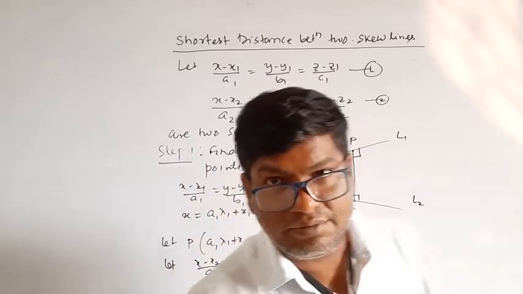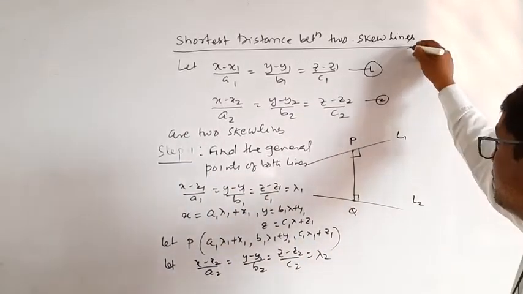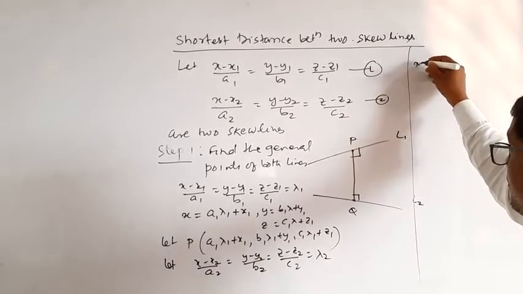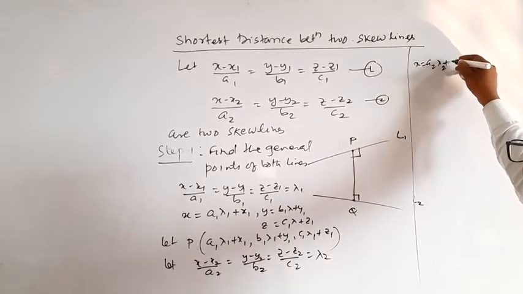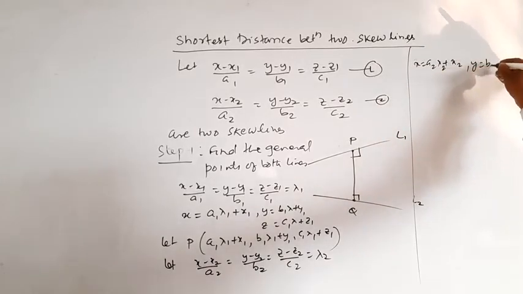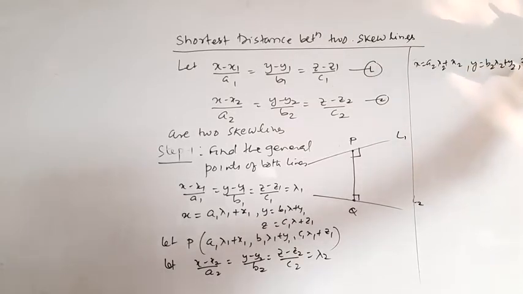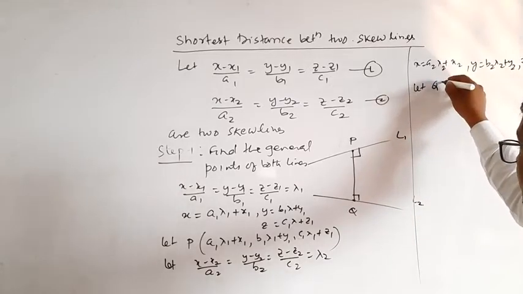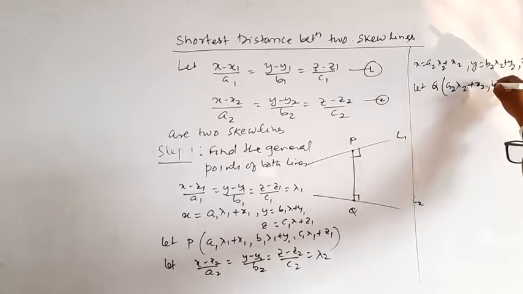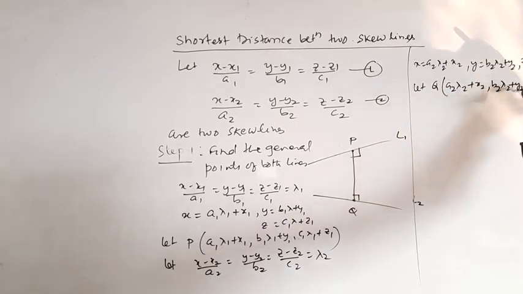Now x equals a2 lambda 2 plus x2, y equals b2 lambda 2 plus y2, and z equals c2 lambda 2 plus z2. Let Q be (a2 lambda 2 plus x2, b2 lambda 2 plus y2, c2 lambda 2 plus z2).